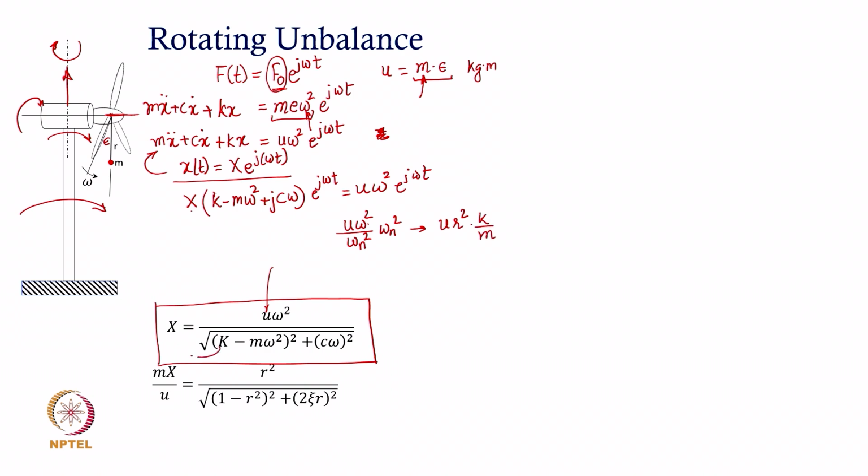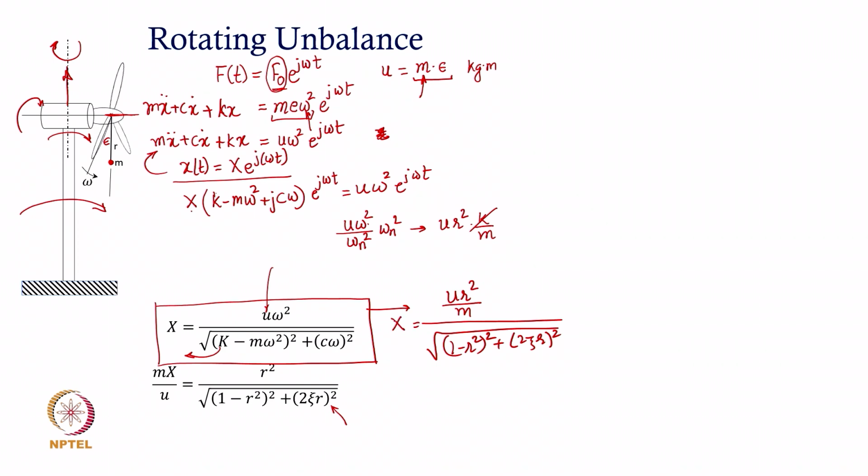Now, when we take k out from here, this entire expression is a familiar expression in the square root sign, which is this, and when the k is taken to the numerator, this cancels out with the k which is taken out, and you will find u over m in the numerator. So, this numerator will now change to u r square over m divided by square root of 1 minus r square whole square plus 2 zeta r whole square. It is left to you as an exercise to figure out whether this is correct or not.